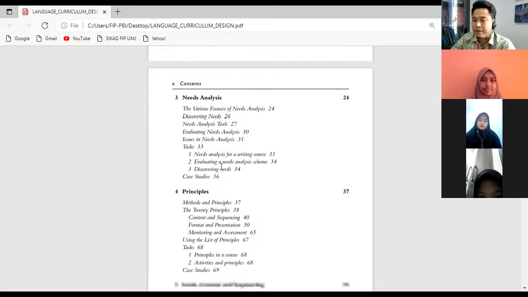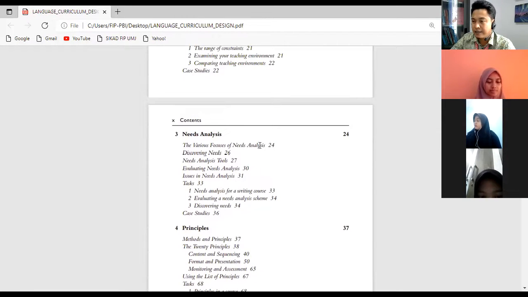There are several main points for needs analysis. When you conduct a needs analysis, first of all, there are the various focuses of needs analysis, several kinds of focus that you need to consider. After that, discovering needs.